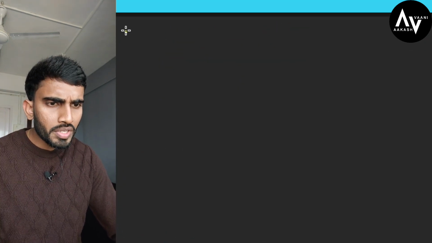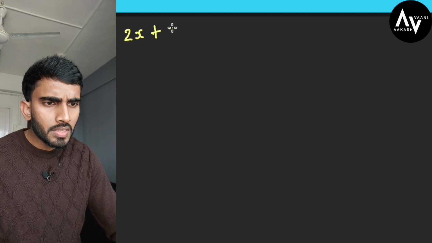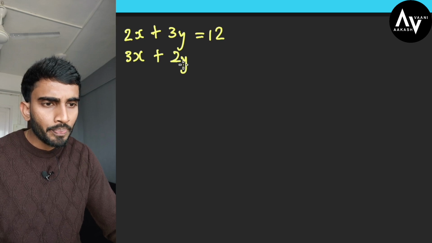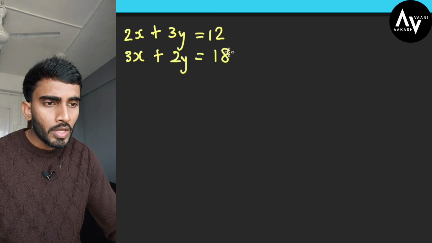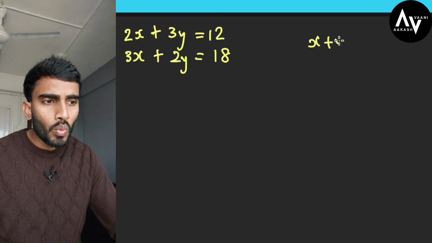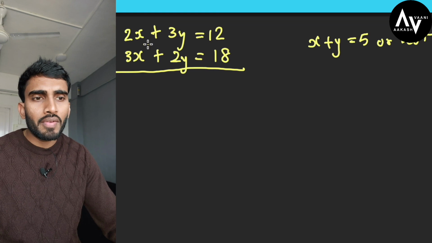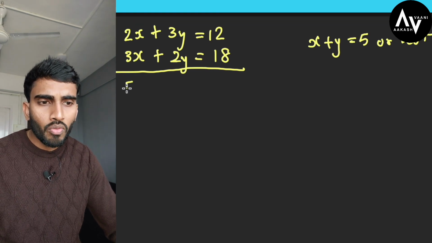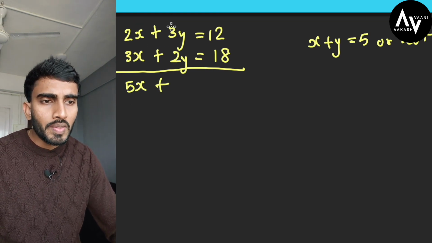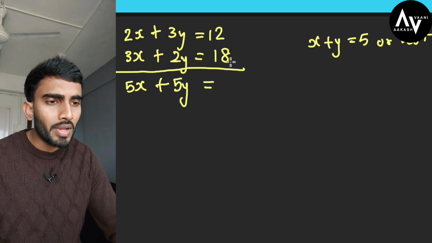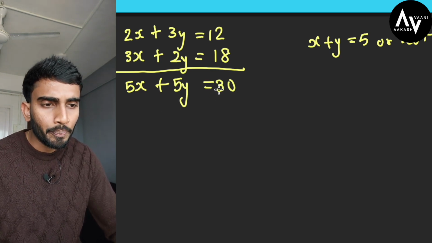We have one equation, 2x plus 3y is equal to 12, and the second equation is 3x plus 2y is equal to 18, and I have to check whether x plus y is equal to 5 or not. By adding these two equations, I will get 2x plus 3x is 5x, and 3y plus 2y gives 5y is equal to 12 plus 18, which is 30.